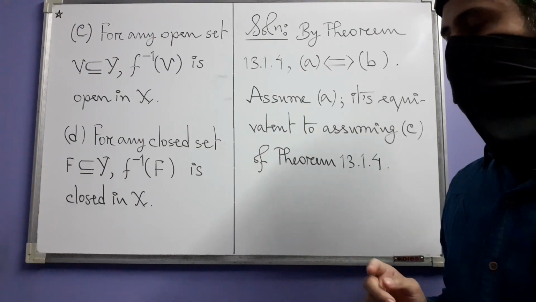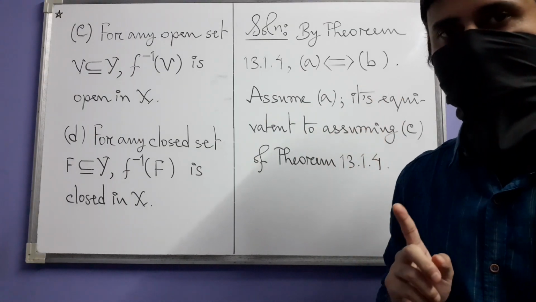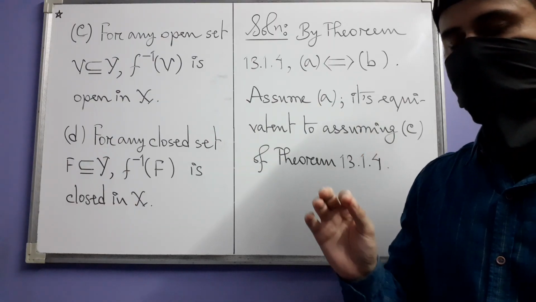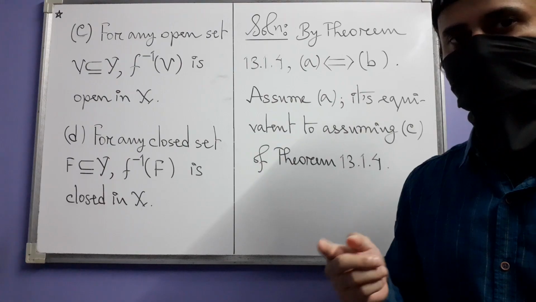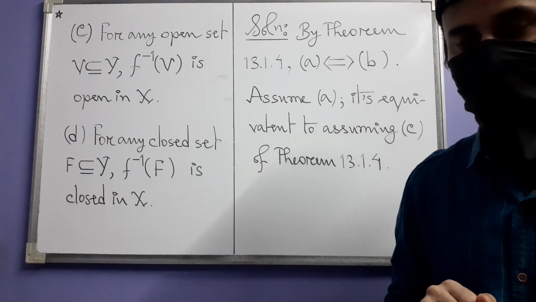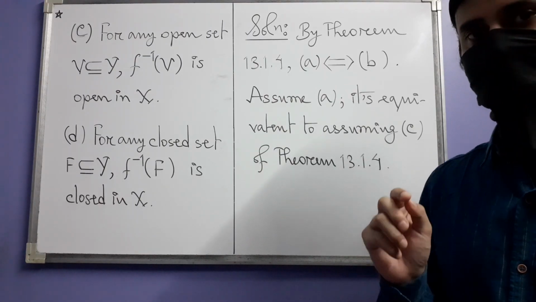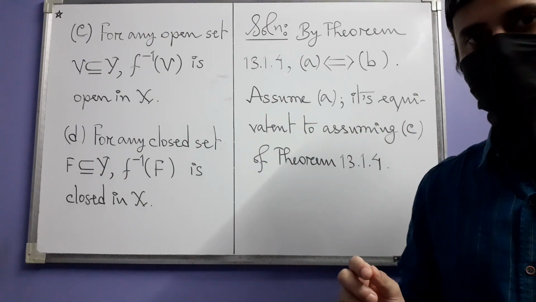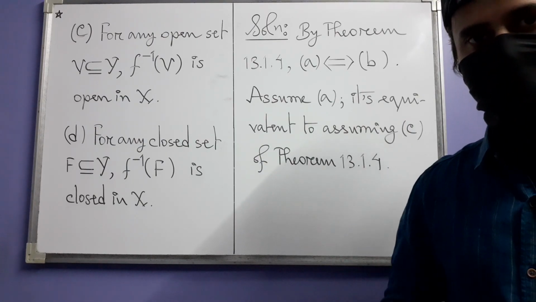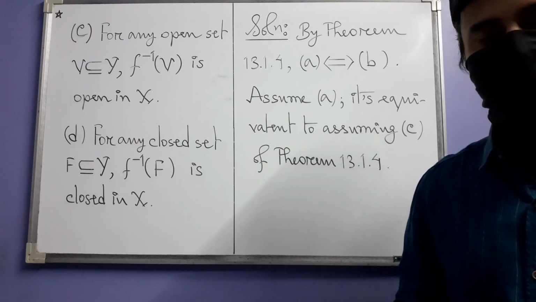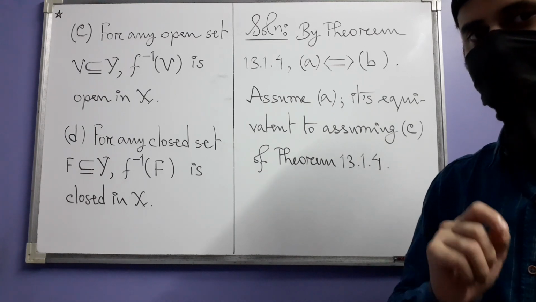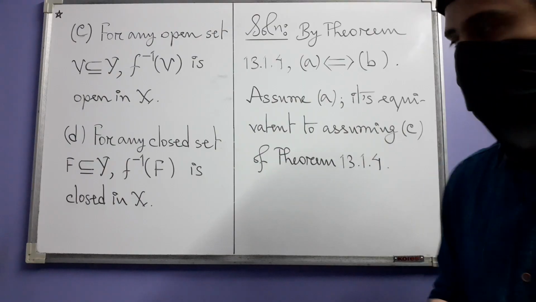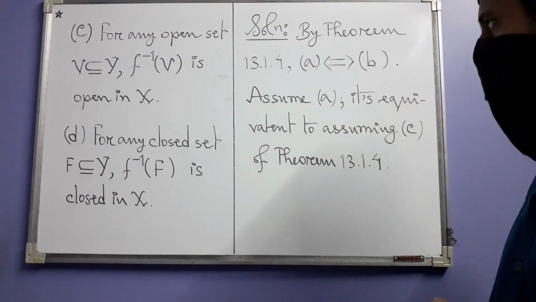It was this, that for that point x0, if V is an open set in Y containing f of x0, then there exists an open set U in X containing x0 such that f of U is contained in V. It was that statement. But now this will be applicable to every point of the space X because you are assuming A.